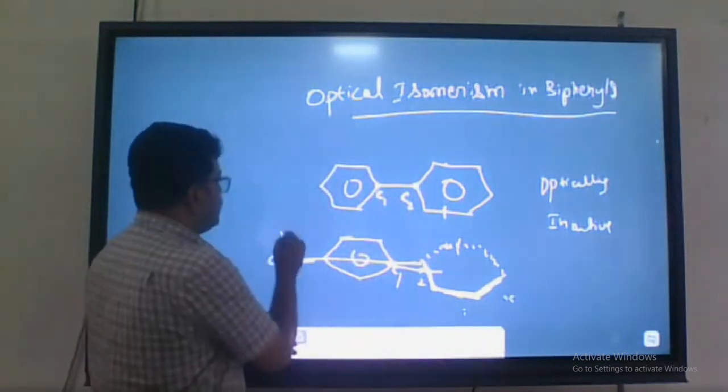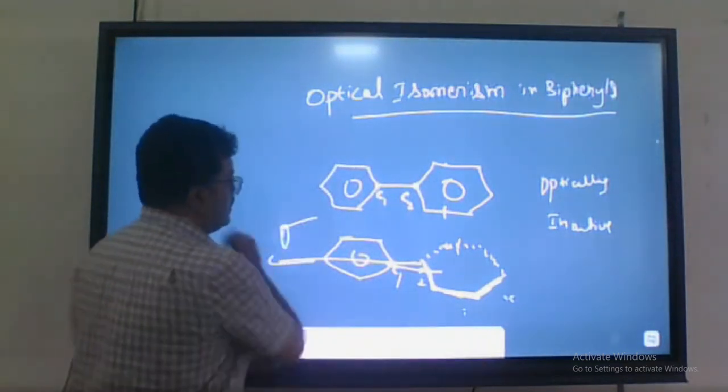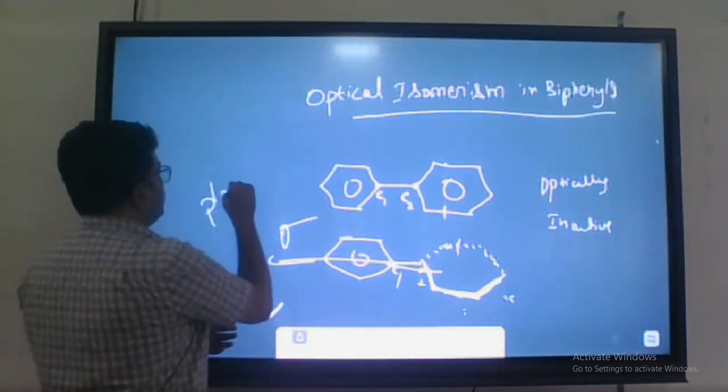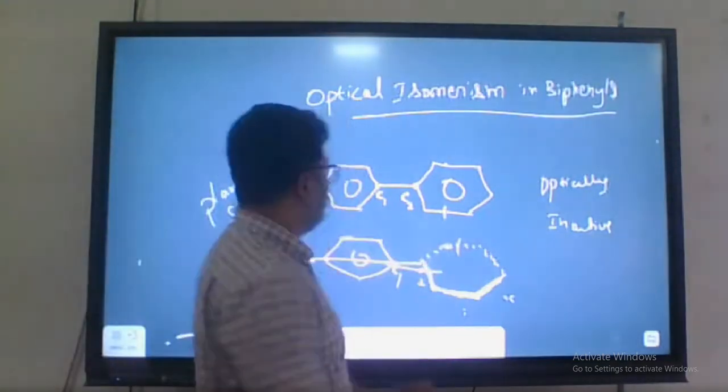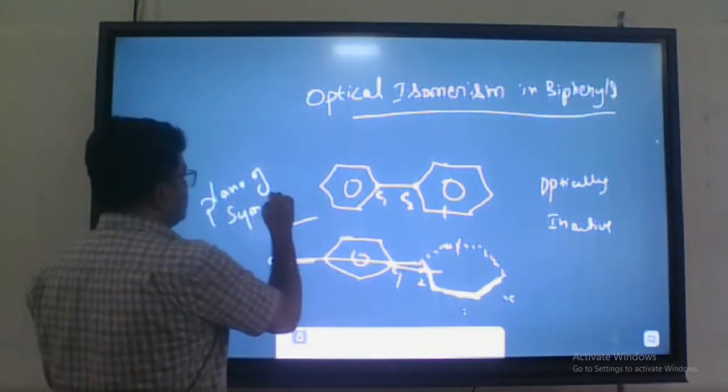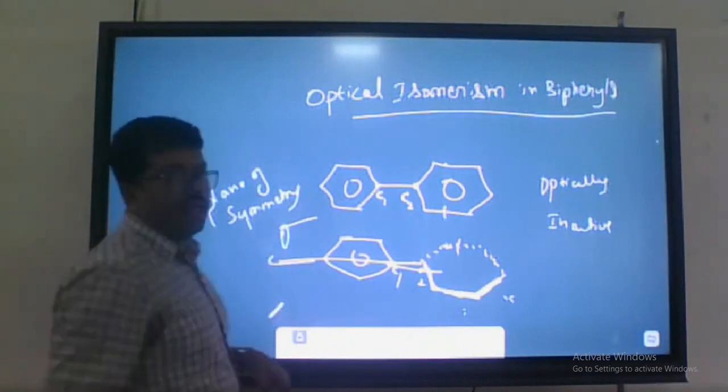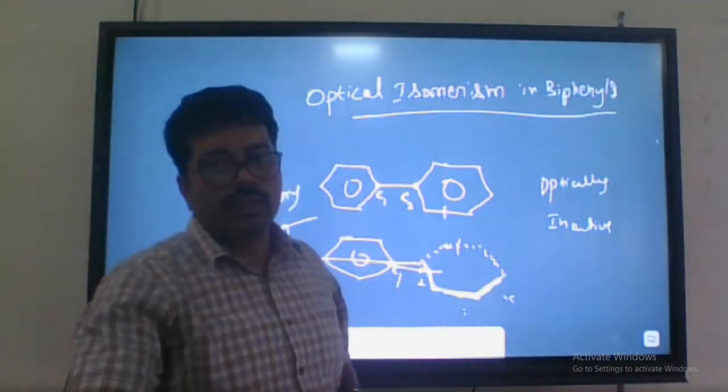So it possesses a sigma plane of symmetry. That's why it is optically inactive.